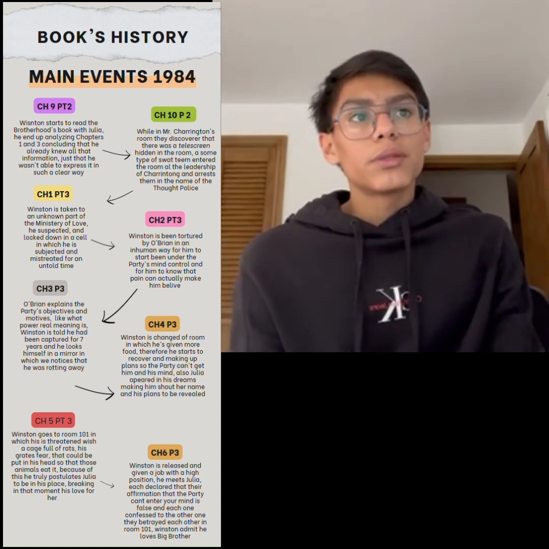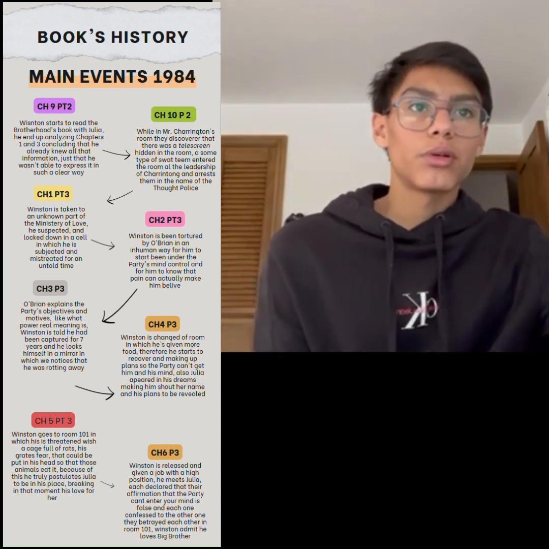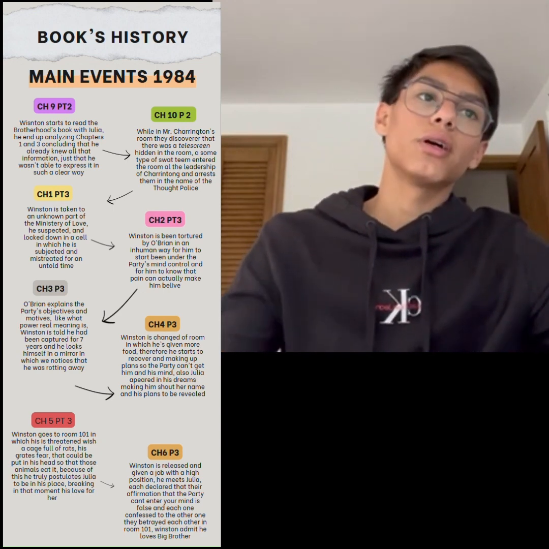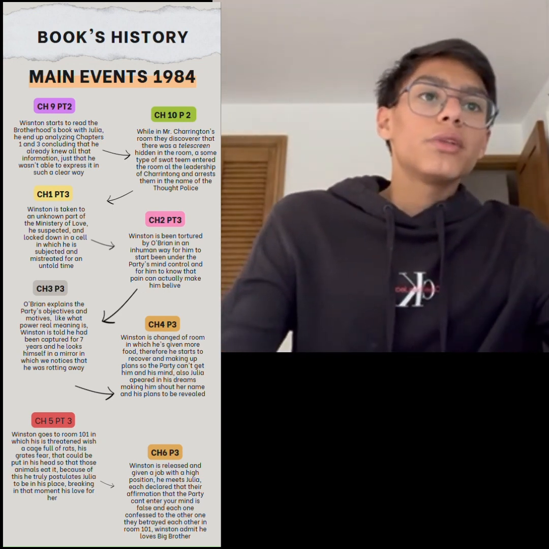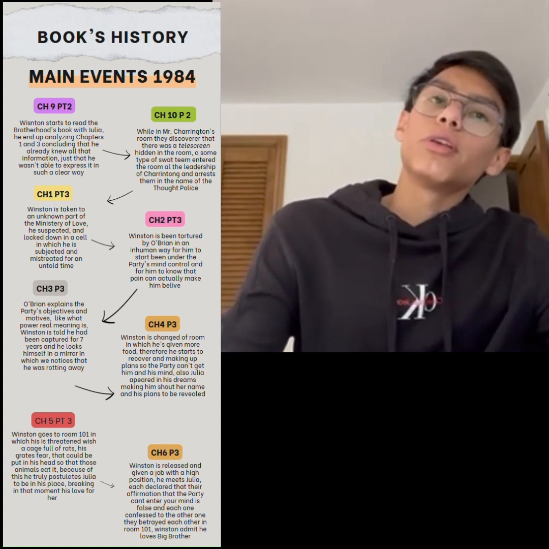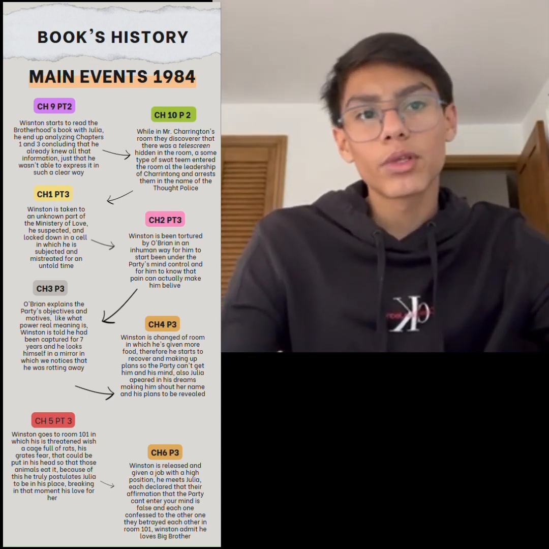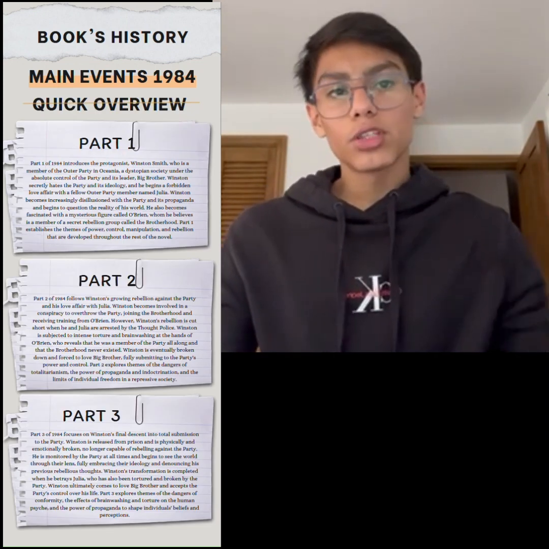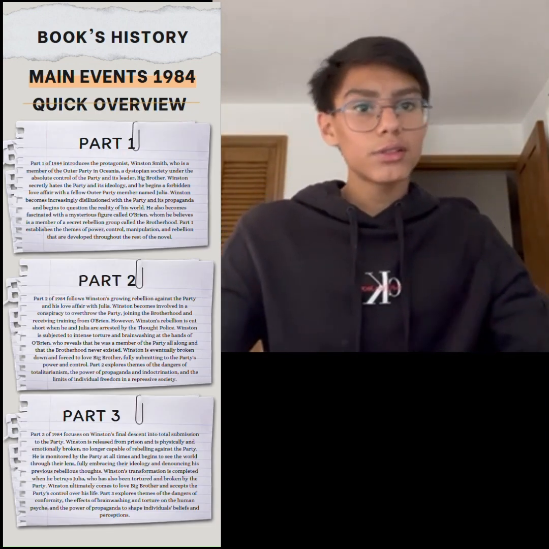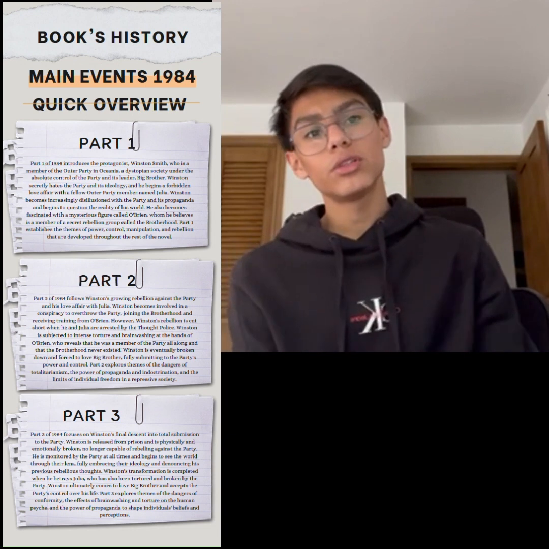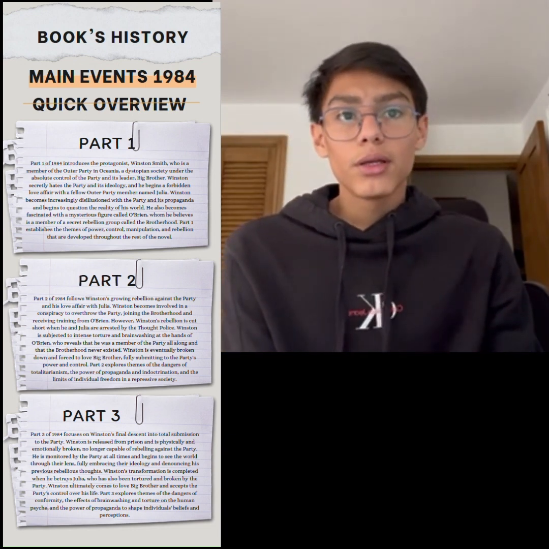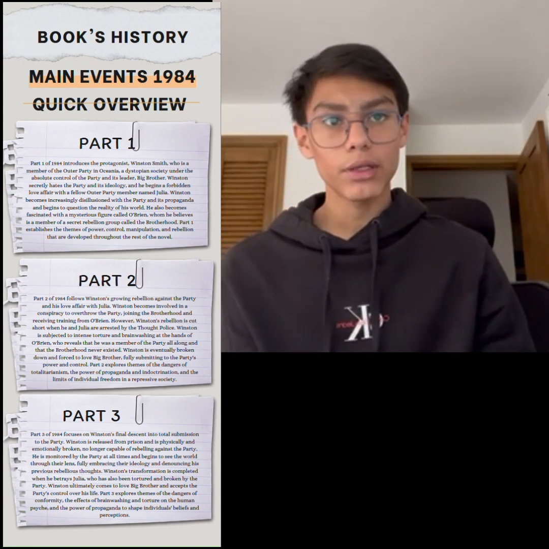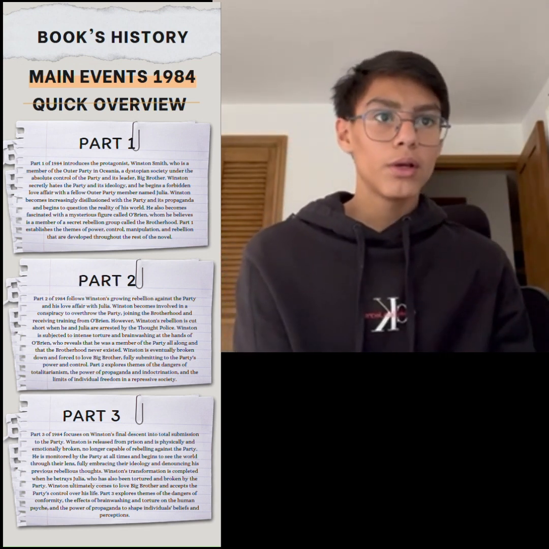The main concepts in this part of the book are dangers of totalitarianism, power and propaganda and indoctrination, and the limits of freedom for an individual in a repressive society. Finally, in part 3, we are shown how the submission begins in the Ministry of Truth and how they torture Winston mentally and physically till he finally breaks down and loves Big Brother.